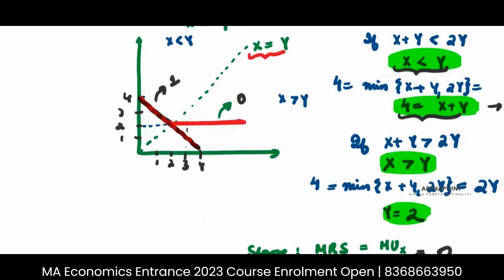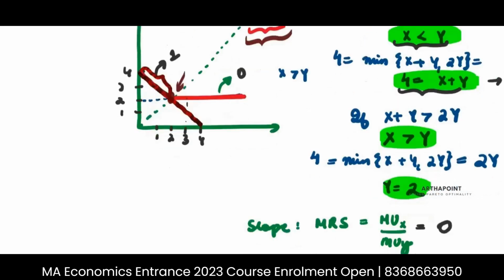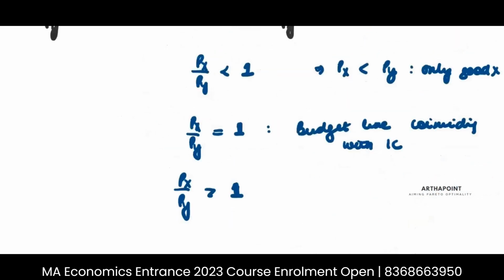This is my budget line. So all these points are equilibrium. These points also include this point right here, where X is equal to Y. So that can also be one of the equilibria. So I am okay with this. This can have X is equal to Y as equilibrium. This gets a check.